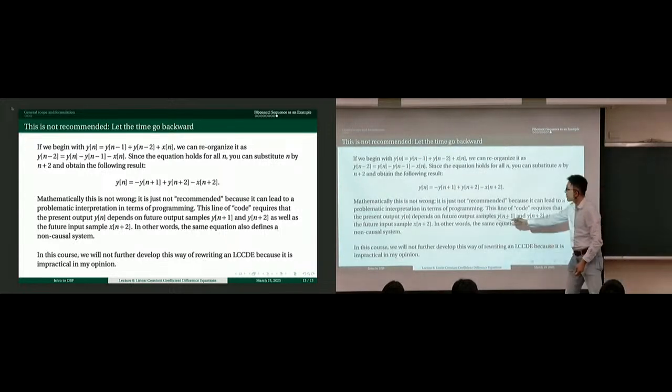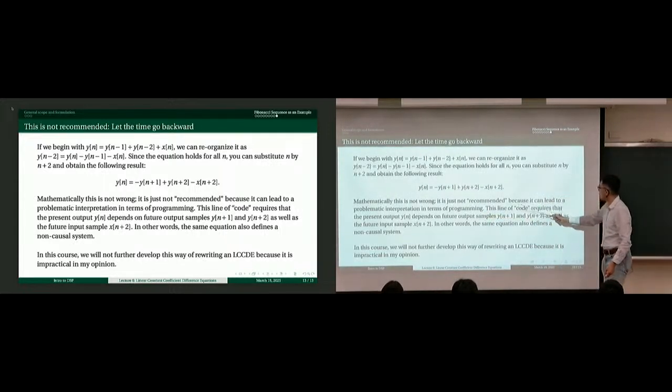So mathematically, there's nothing wrong, okay? It's just not recommended, because I think it can lead to a problematic interpretation in terms of programming, right? Because this line cannot be implemented. The future hasn't happened yet.